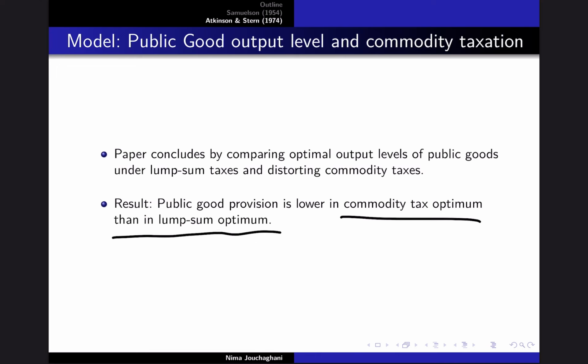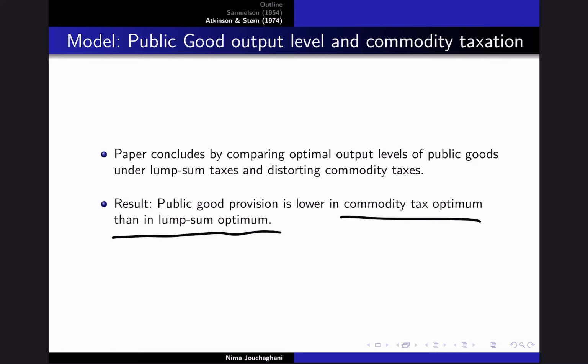Yeah, so compared to what the Samuelson condition was stating, so with condition number 2 in proposition 1, when you have lump sum taxes available, the result in this paper is saying that if you consider distortions due to, for instance, commodity taxes, the public good provision is lower because we need to consider the distortions of financing public goods when we are thinking about public goods.